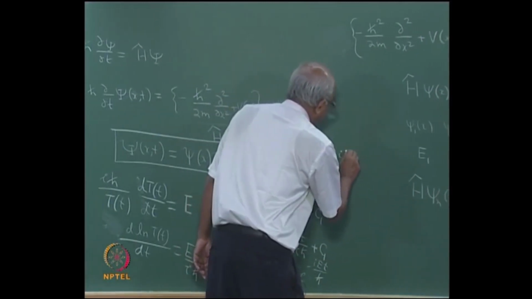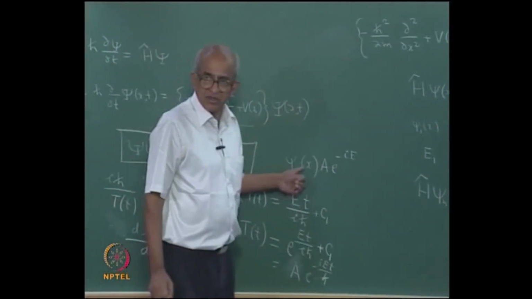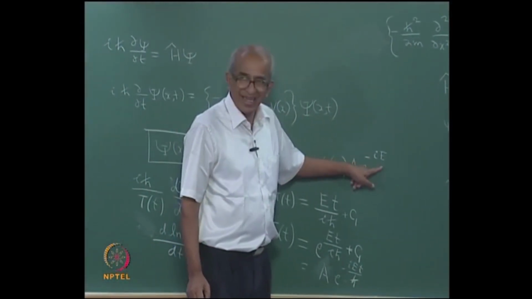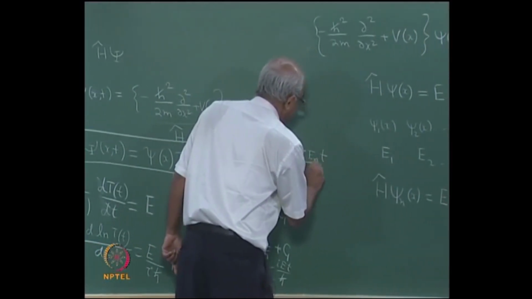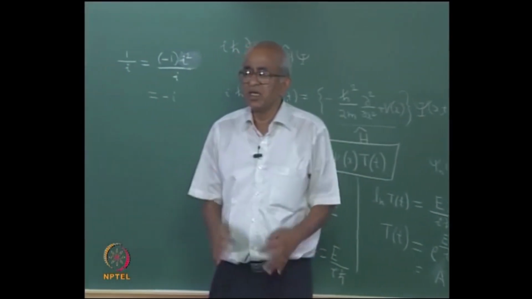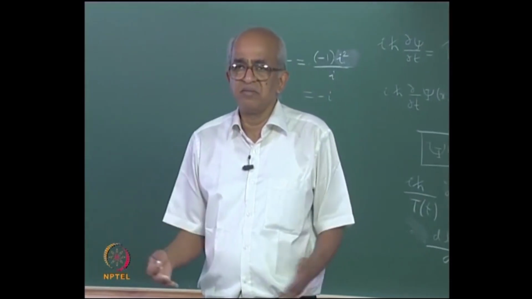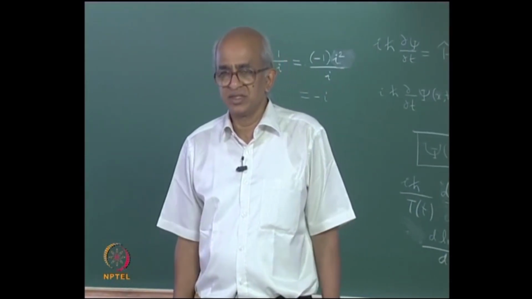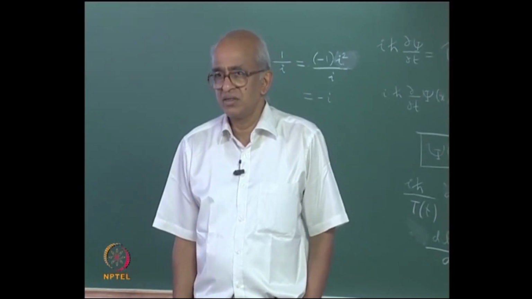Well, I will have to put in the value of E, but for the nth eigenfunction, the value of E is going to be En. So, e to the power of minus i En t by h cross would be my solution. So, this will give me a solution of the time dependent Schrodinger equation, right.